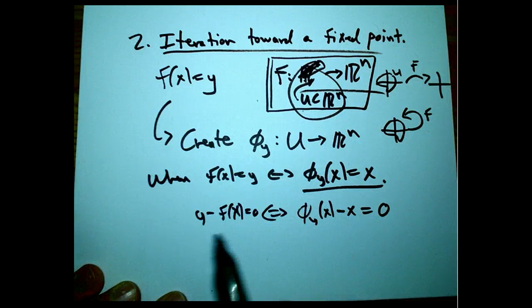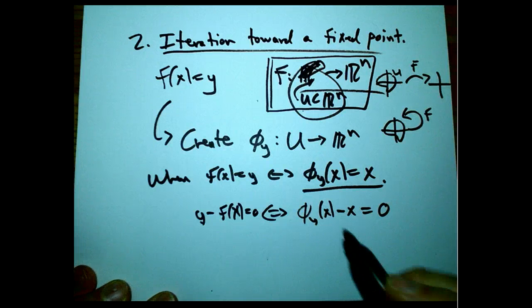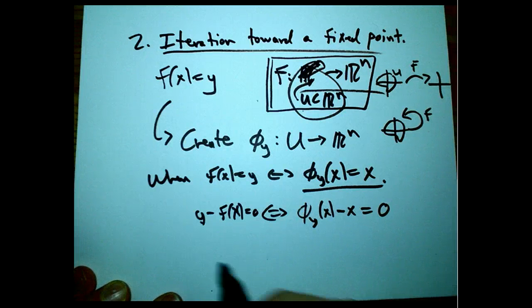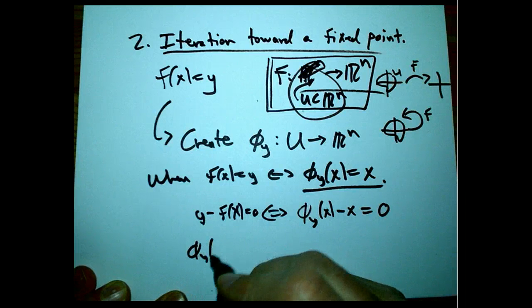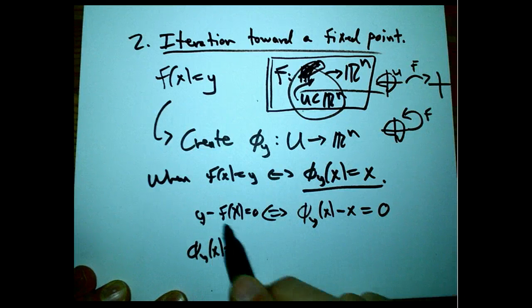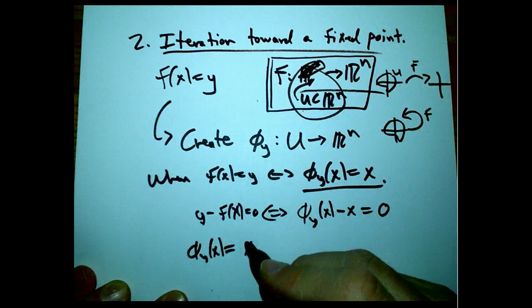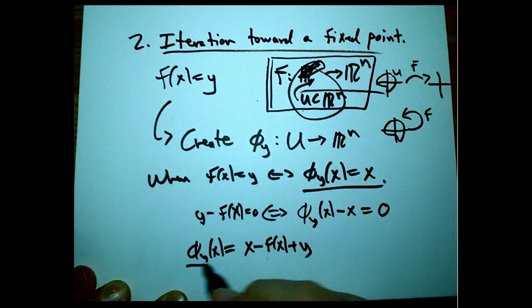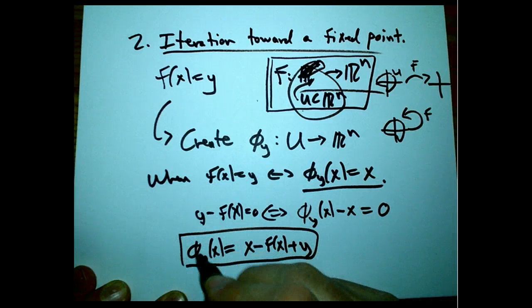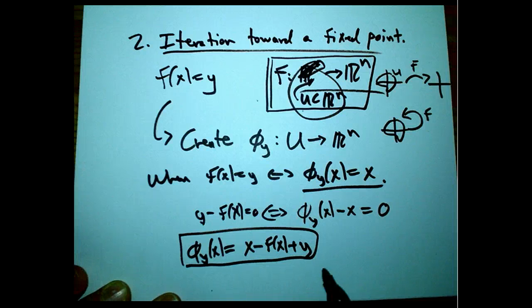I'm not saying that's forced on us, but it's the easiest thing to do, and we're creating phi sub y, so why not? So in other words, we're going to identify these two left-hand sides: phi sub y of x equals x minus f of x plus y. That will definitely show up again later, because in the main version of the proof of the inverse function theorem, I'm going to use this method.